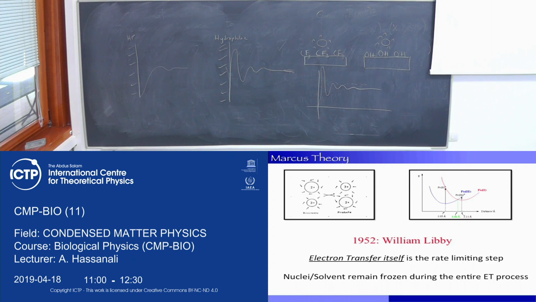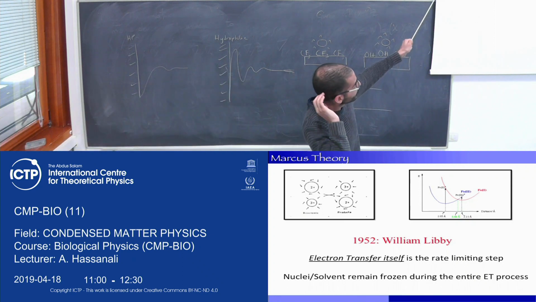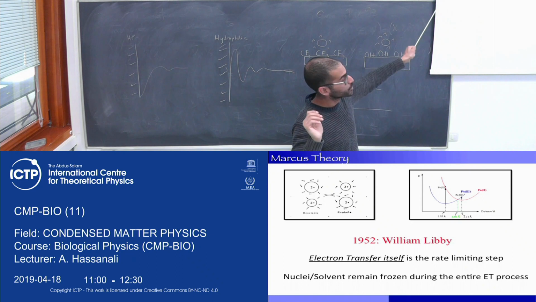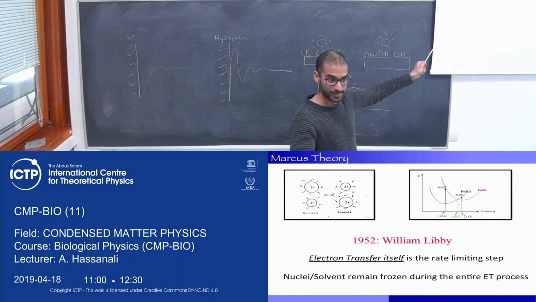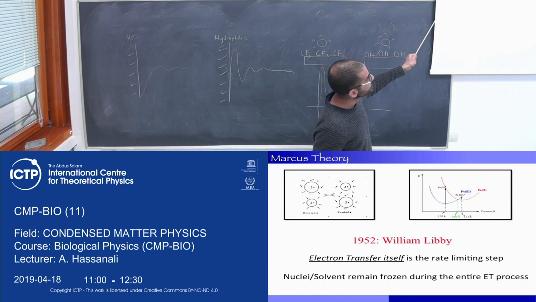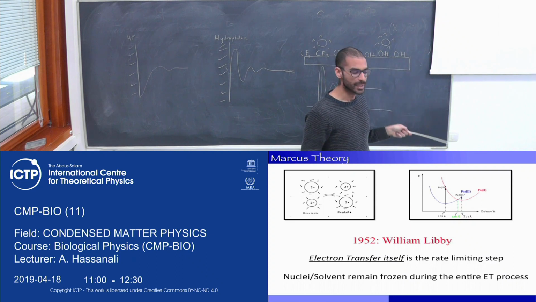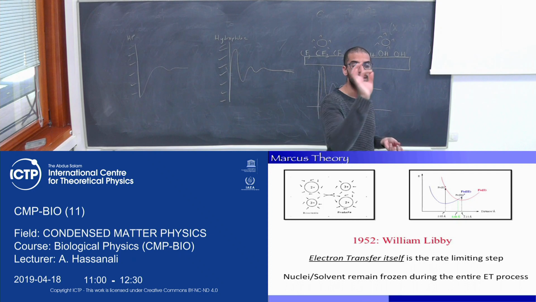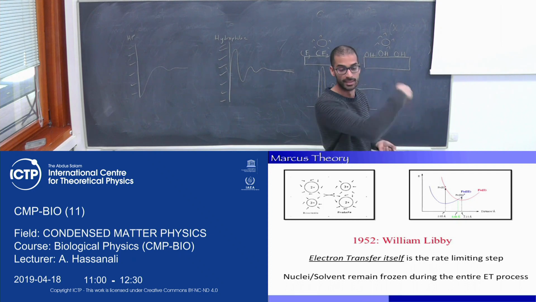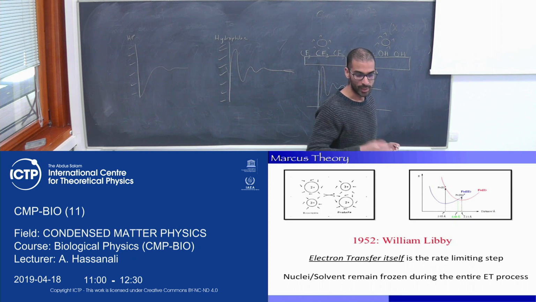No? Okay. But so I have two charges in a liquid, and I want to know, can I have a theory that predicts for me the rate at which the charge hops? In this case, it's the electron. So what is the rate at which electron or charge transfer happens?